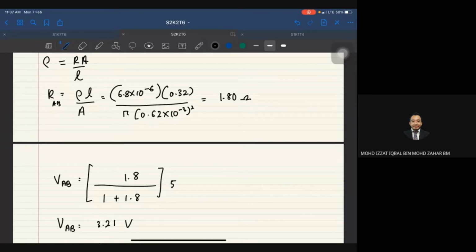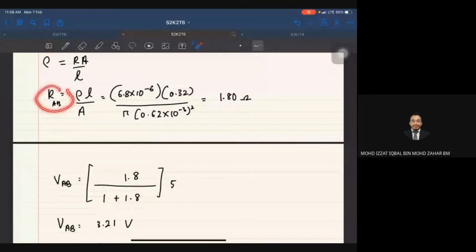Anyway, this one is for the calculation of the first part, part A. First step is to calculate the resistance. So to calculate the resistance, because they did give you the dimension and all, you just have to substitute everything so that you will get 1.8 ohm. Okay.